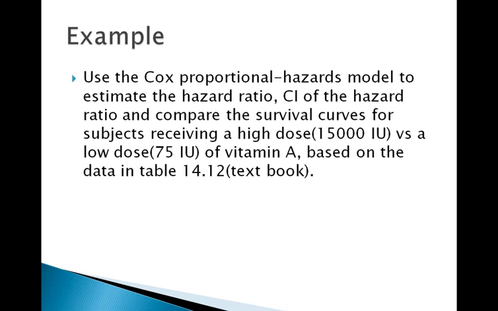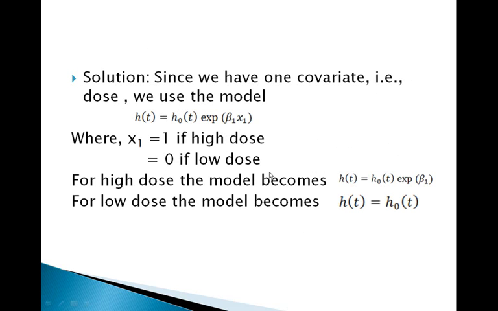So we use the Cox proportional hazards model to estimate the hazard ratio, the confidence interval of the hazard ratio, and we compare survival curves for subjects receiving a high dose of vitamin A versus a low dose, based on what we're seeing in table 14.12. What are we going to do here? We have a dichotomous covariate: 1 if it's high dose, 0 if it's low dose.